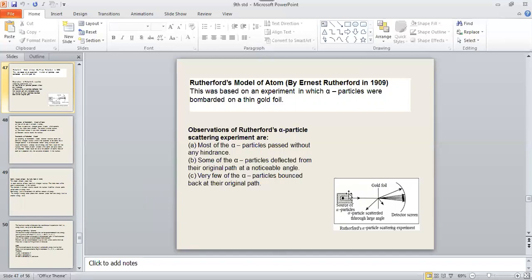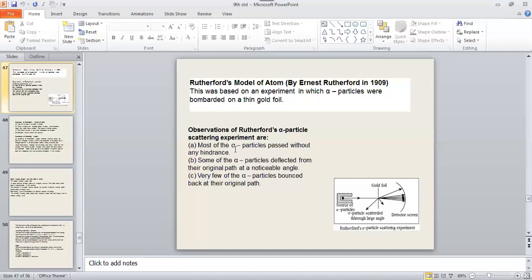In this experiment, this is the source of alpha particles. These alpha particles are emitted and bombarded on this thin gold foil, and then scattering of the alpha particles takes place. They are scattered at different angles. This is the detector screen.